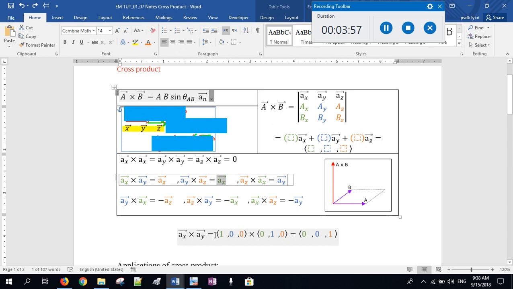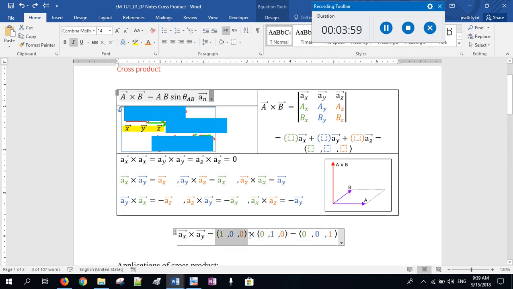We can write it this way also. AX is 1, 0, 0. AY is 0, 1, 0. Multiply them. All the multiplications will be 0 except AX cross AY.